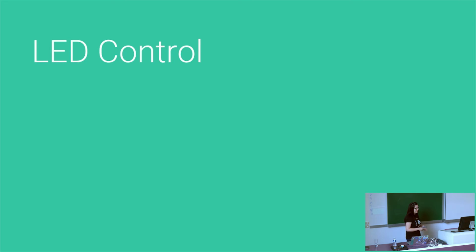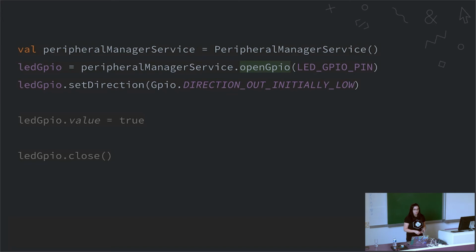Okay, so let's look a little bit at LED control. Like I mentioned before, with the GPIO protocol that we're using, we get a true or false setting that we can set on the device. So we're going to do the same for an LED. In this example, I'm doing something very similar to the motion sensor, but in this case, I'm setting a value.